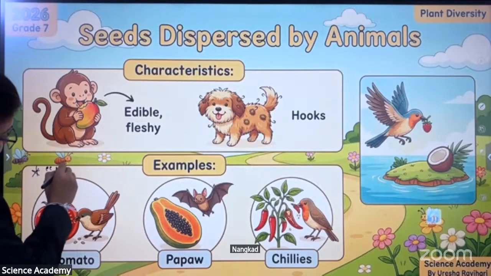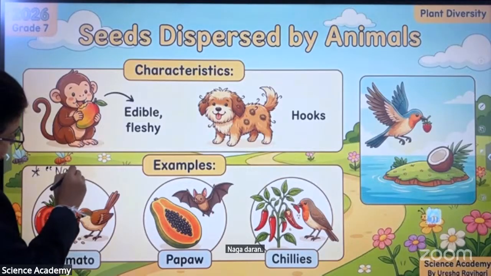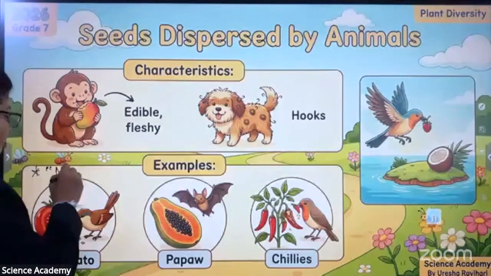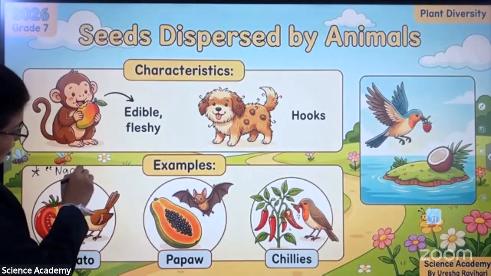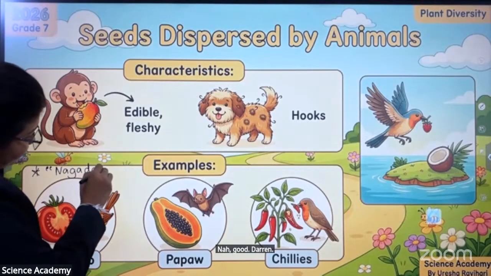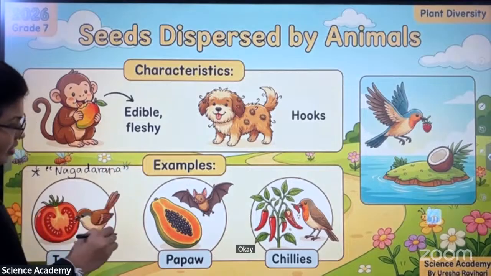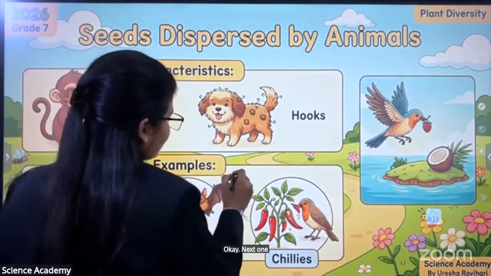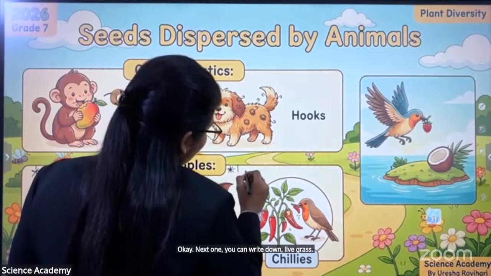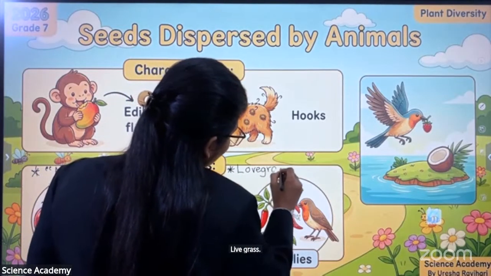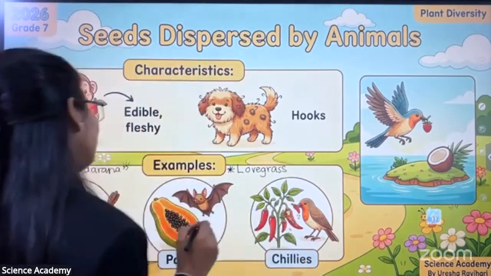Nagadarana. Okay. Next one you can write down live grass. Tuttiri. Right? Live grass.